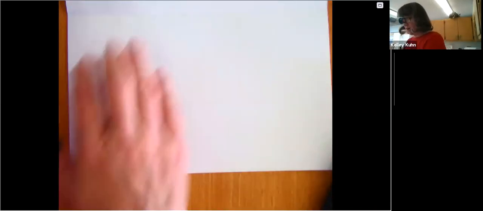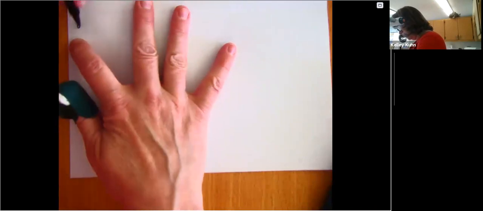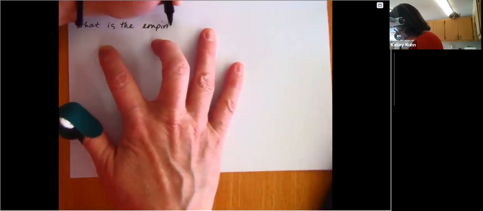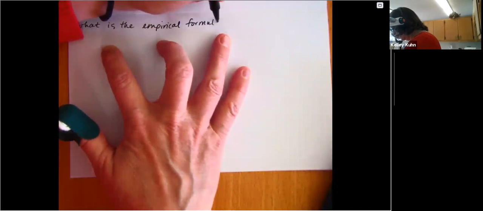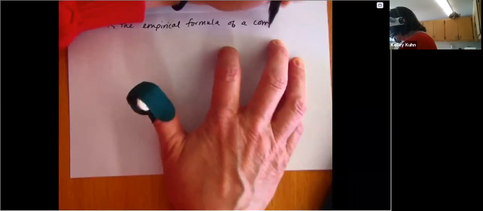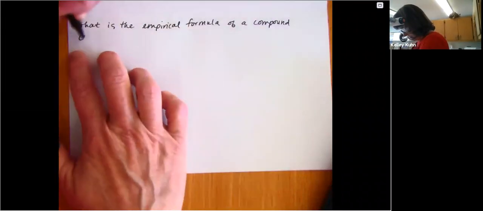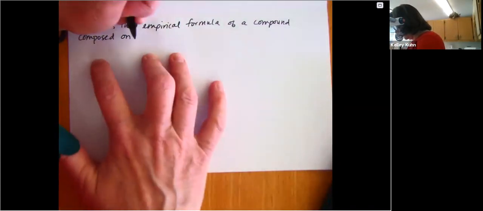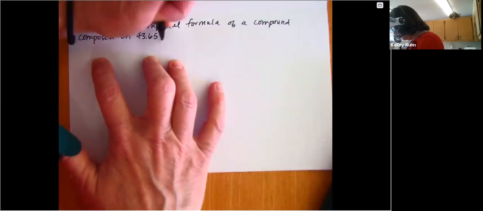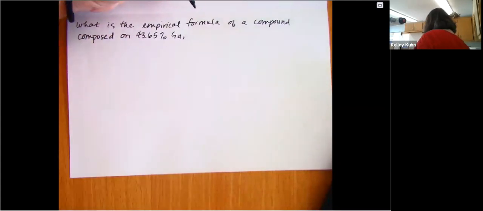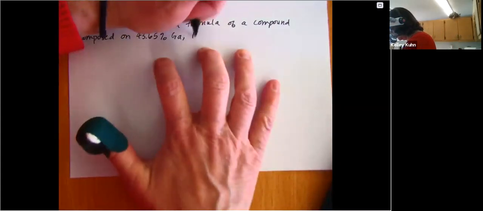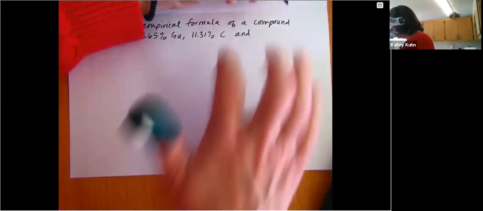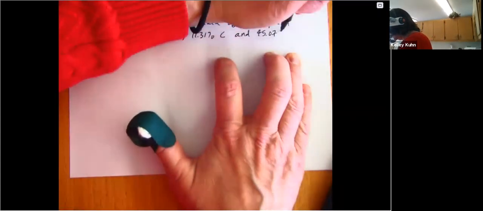So let's say that we have a compound. What is the empirical formula of a compound composed of 43.65% gallium, 11.31% carbon, and 45.07% oxygen.